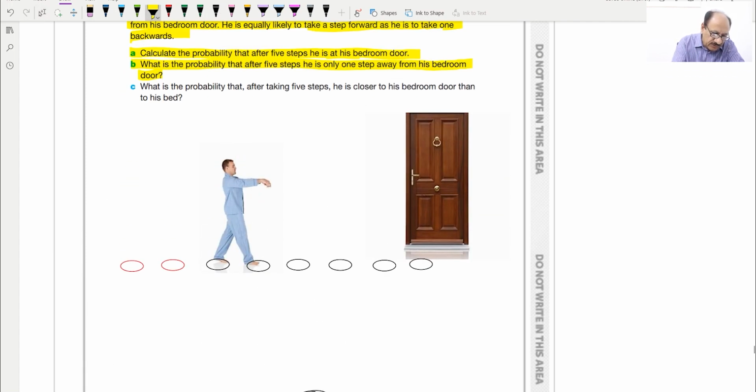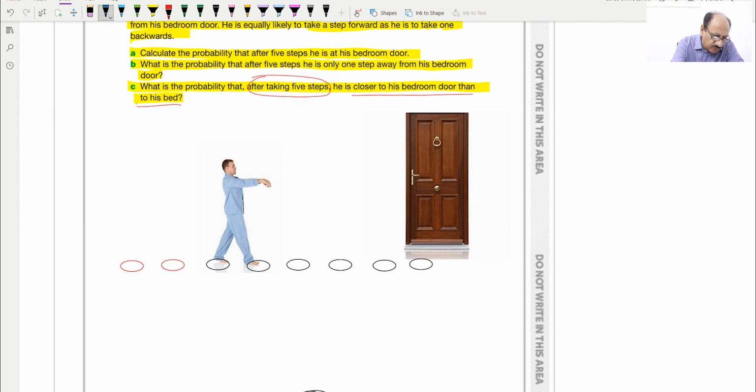Now for the C part, which is a little difficult and you need to understand this, they are asking: what is the probability that after taking 5 steps he is closer to his bedroom door than to his bed? So there can be different situations.